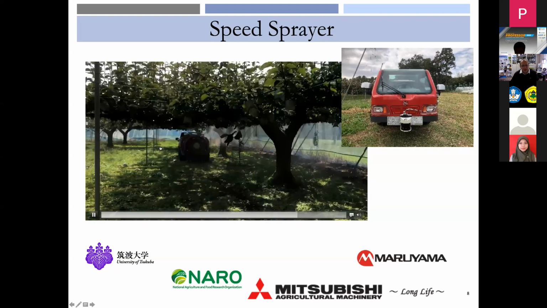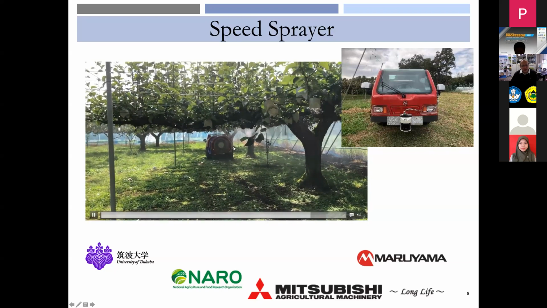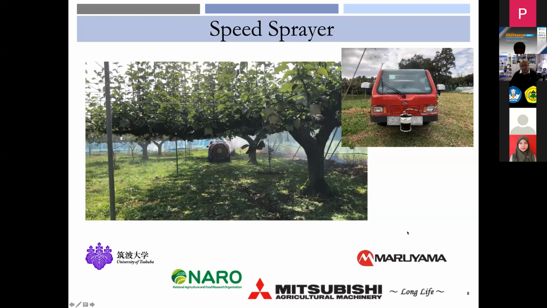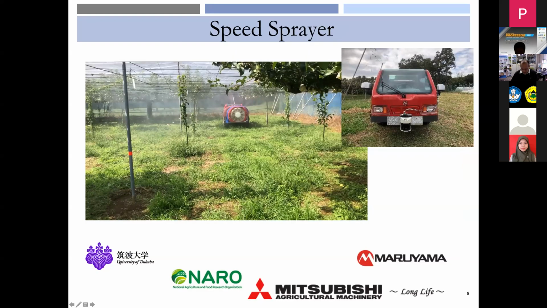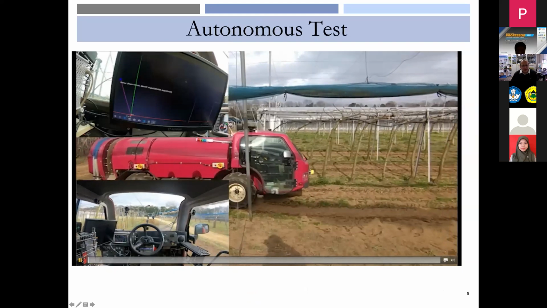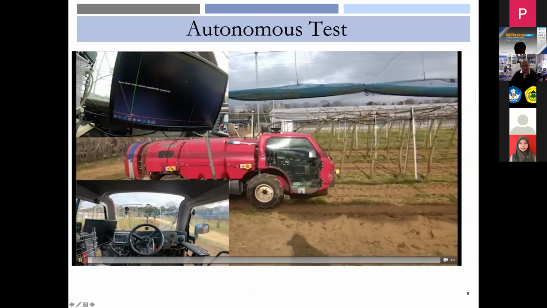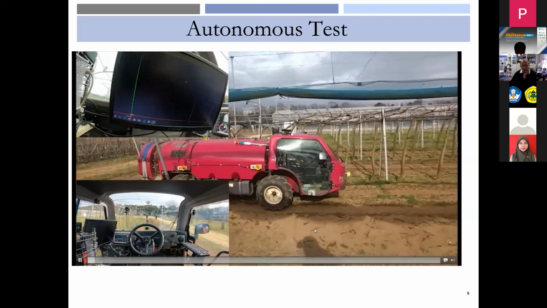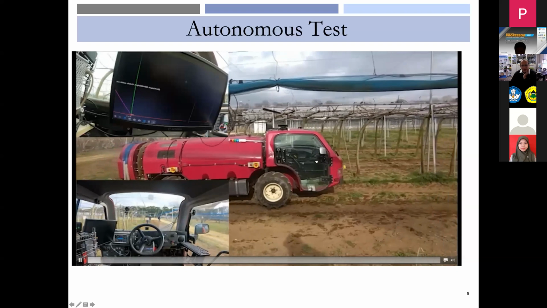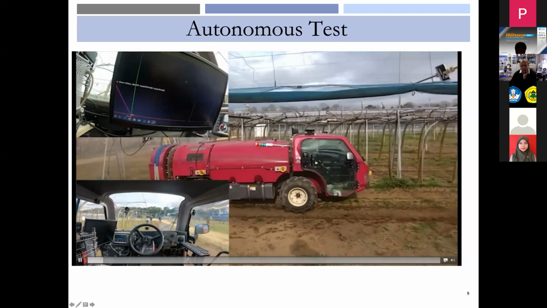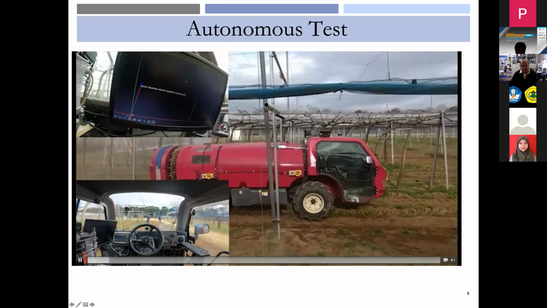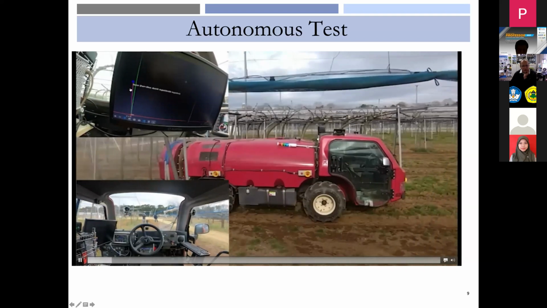So there are two targets: one, to reduce the chemicals, and second, to use the driverless system. In the second phase, last March, our team developed work systems without human drivers, driverless. Based on that, there is a vision system to work out the reference vision.